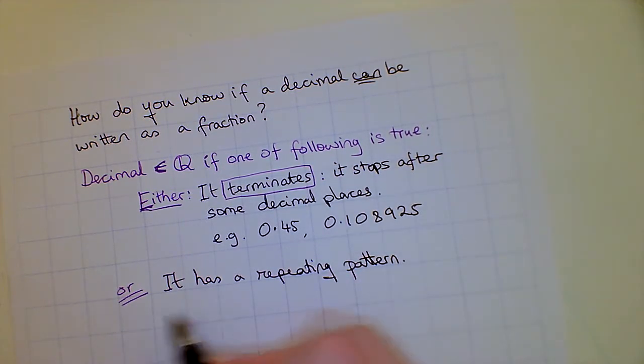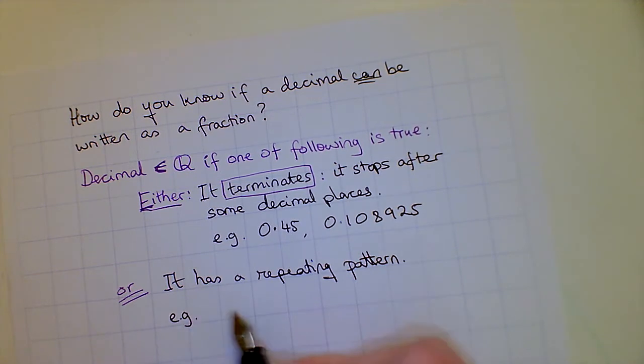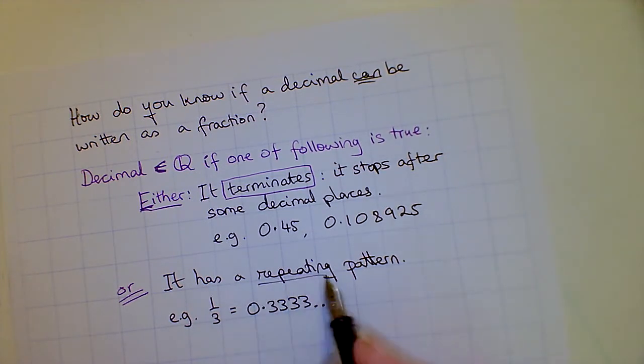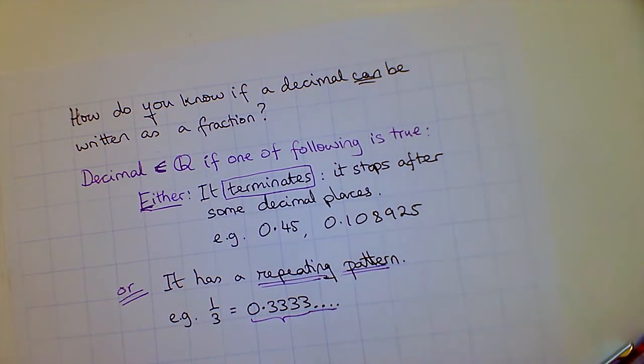So, for example, we know that when we write a third as a decimal, it doesn't stop, it doesn't terminate, it just goes on and on and on forever, but we have a repeating pattern. So because I have a repeating pattern, I know that this, even though it doesn't terminate, can be written as a fraction. Fraction in this case being a third.